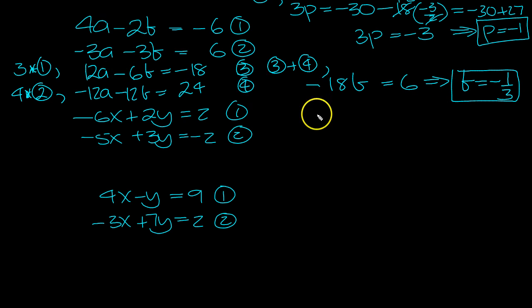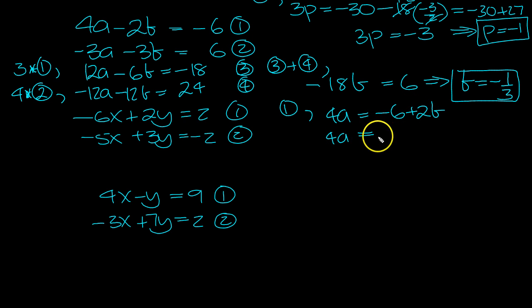A we can get from here. So number 1, 4a equals minus 6. Move that over to plus 2b. 4a then. Minus 6 plus 2b, which is minus 2/3. Minus 2 over 3.